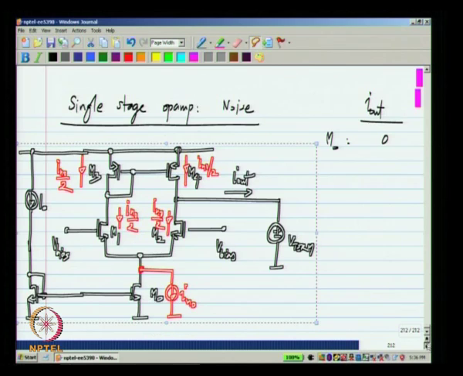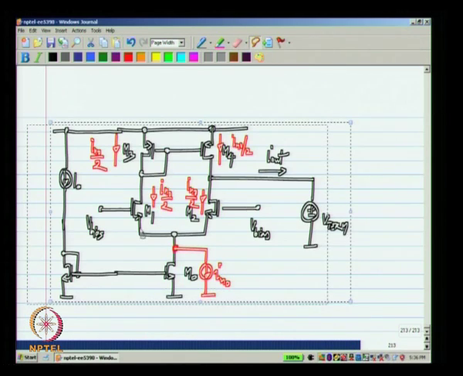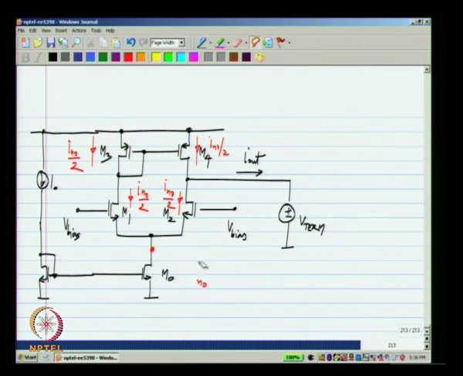Let me copy this over. Let me now calculate the noise due to M3 and M4. Okay.